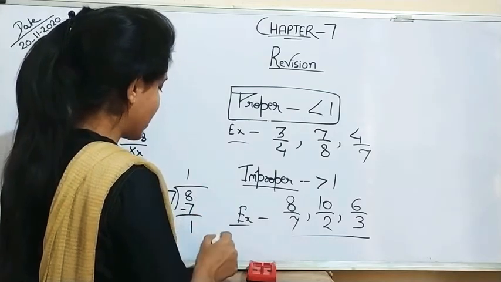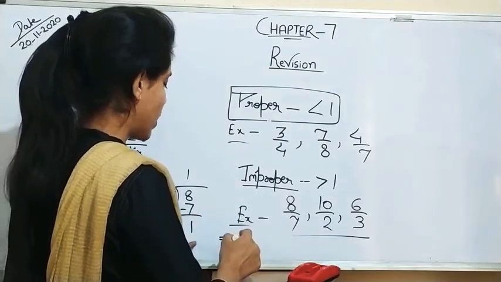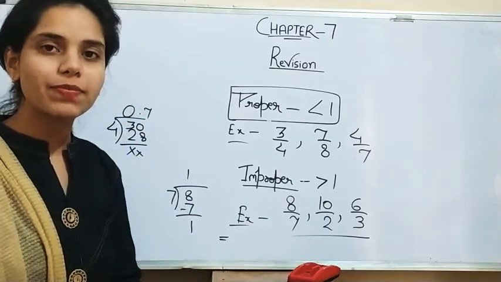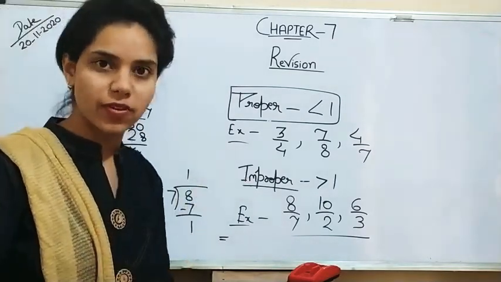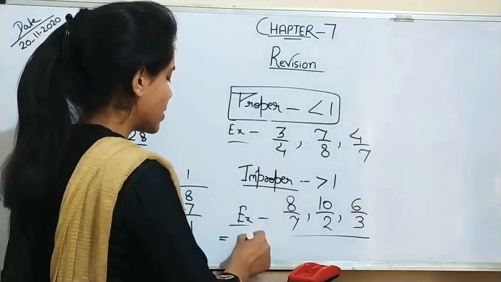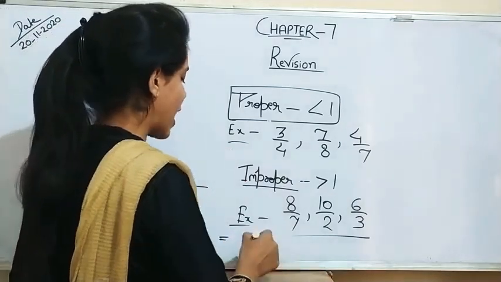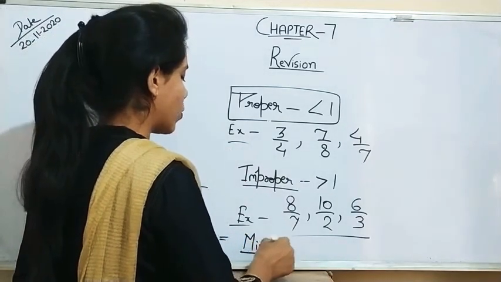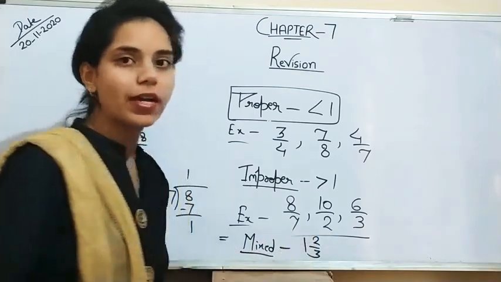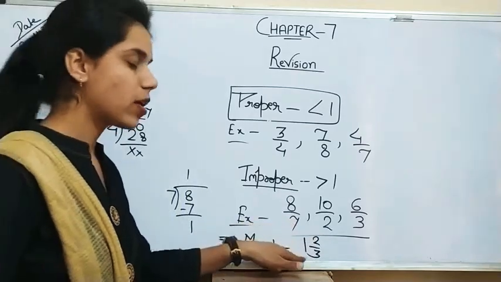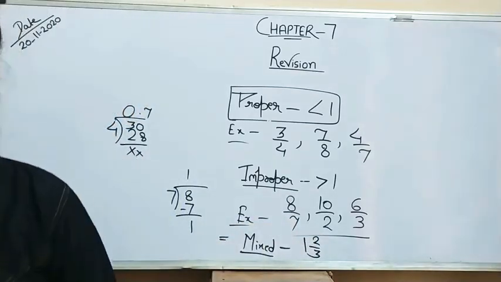This 1 you can write in the form of a mixed fraction. What is a mixed fraction? Mixed fraction means we write a whole part and a part, like 1, 2 by 3. 1, 2 by 3 is known as a mixed fraction.